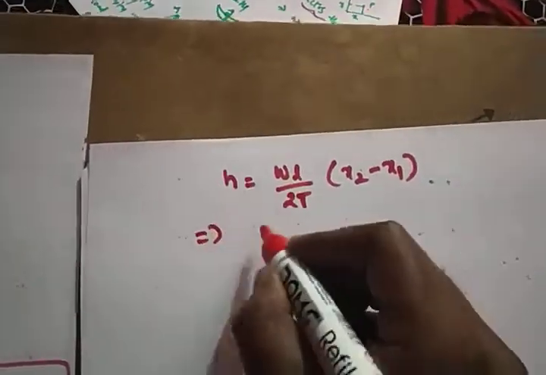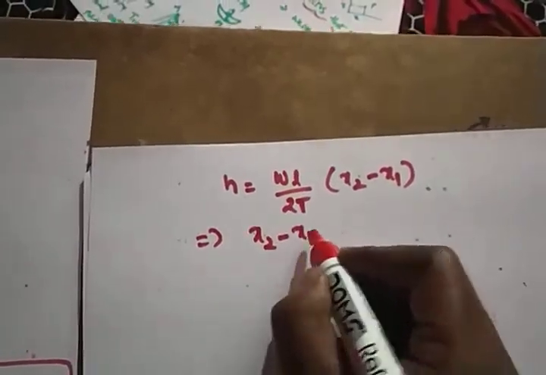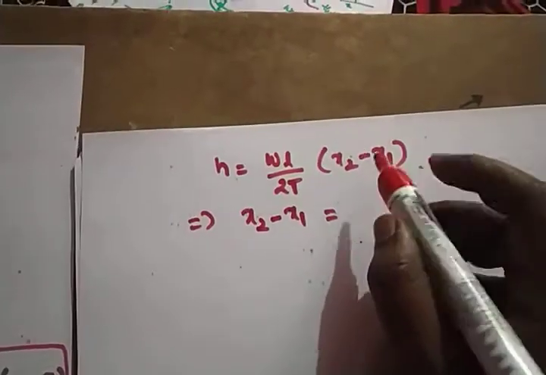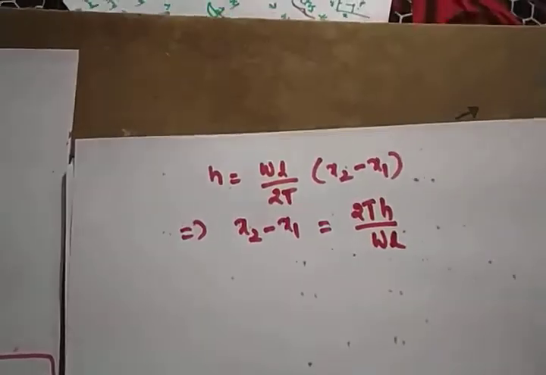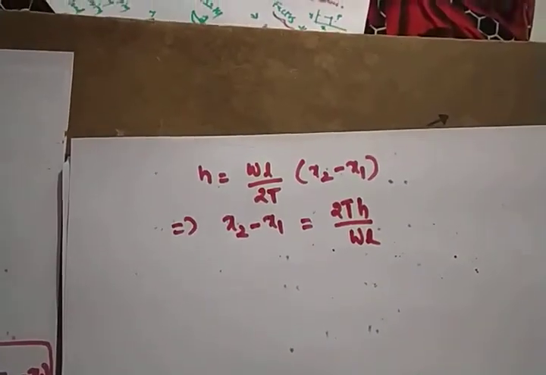So from this, what is x2 minus x1? It is 2T H by W L. Right?